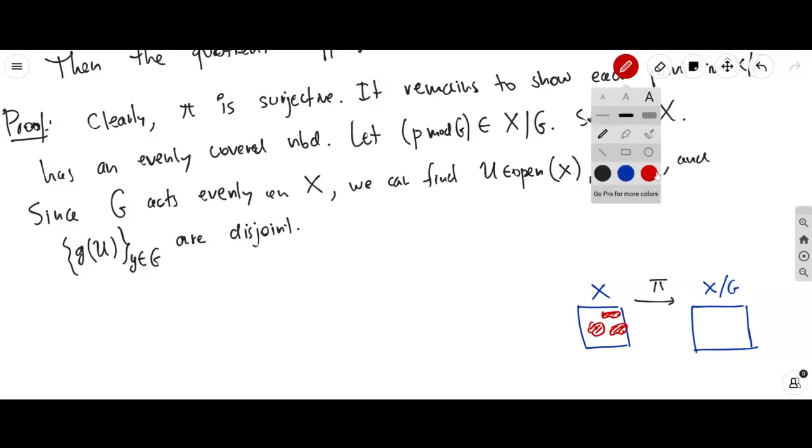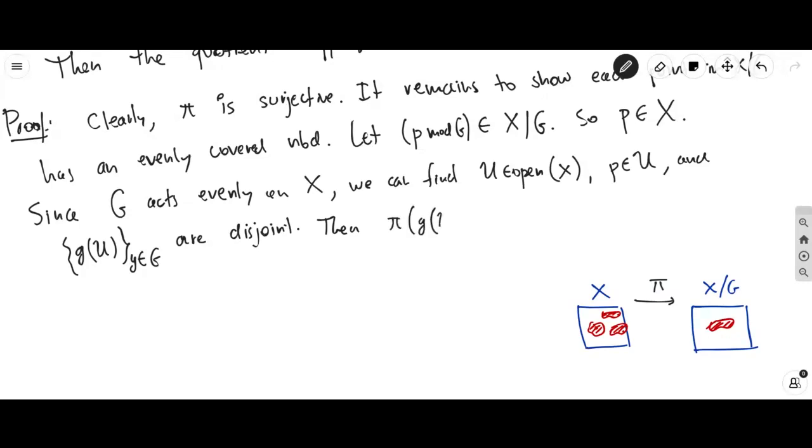They will all collapse down to the same thing. Why is that? Now observe. If you apply pi to each of these open sets, you're pushing them forward. These are open sets in the quotient.